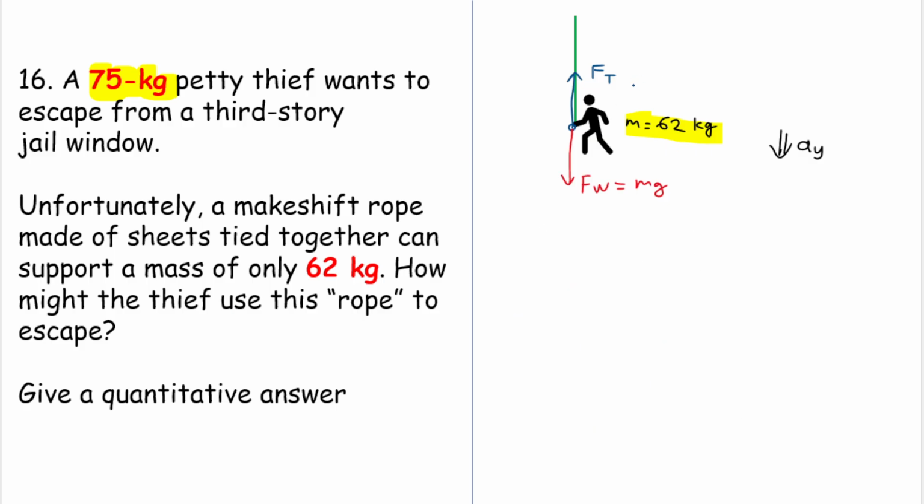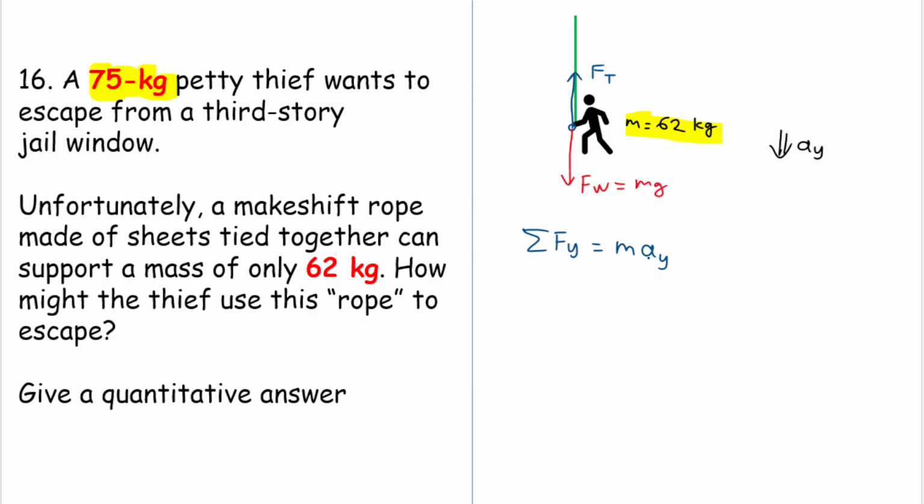Here we have a similar case with the tension of the rope going up and the weight of the thief going down, but he is not standing still but accelerating downward, right? So we have Newton's second law, sigma F in the y direction, which is the mass times the acceleration in the downward direction.